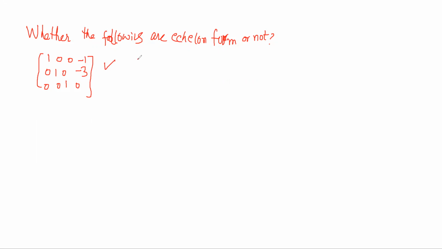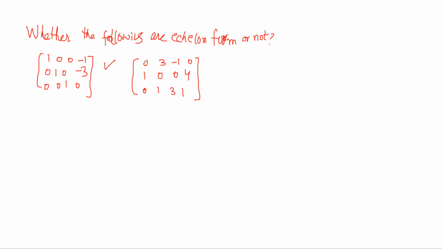How about this? 0, 3, -1, 0, 1, 0, 0, 4, 0, 1, 3, 1. Is this in echelon form?